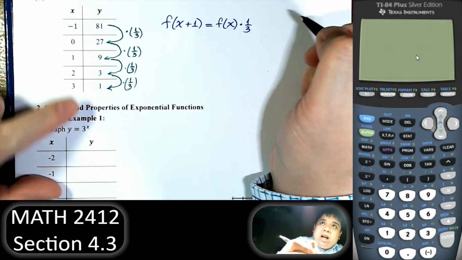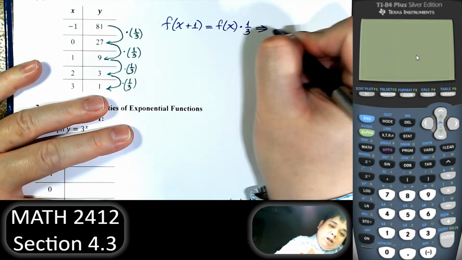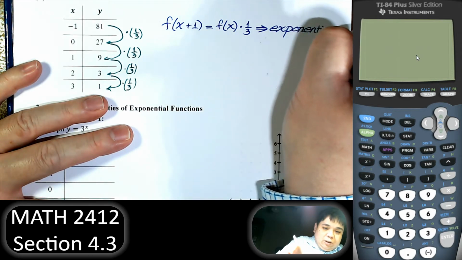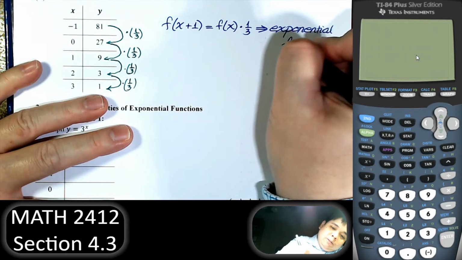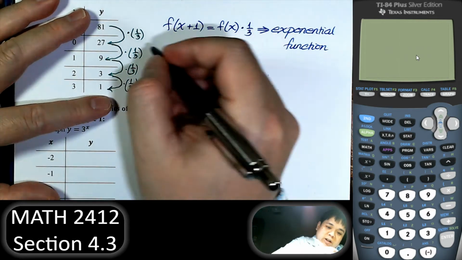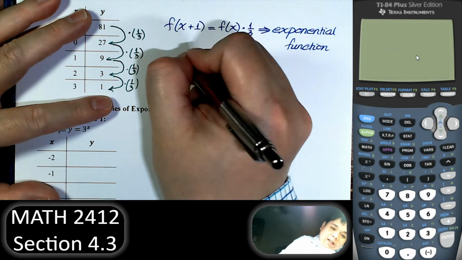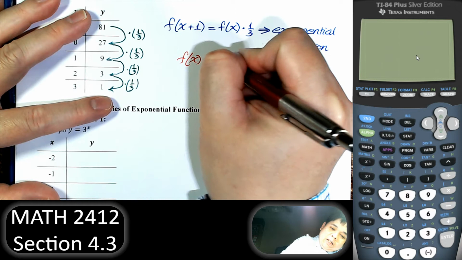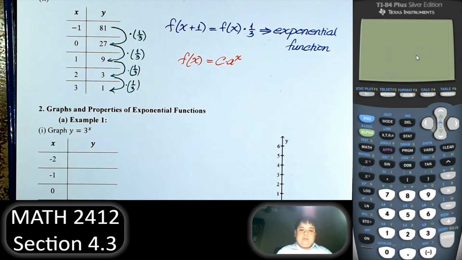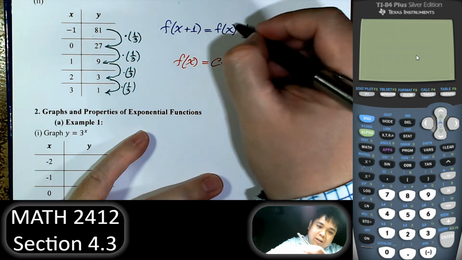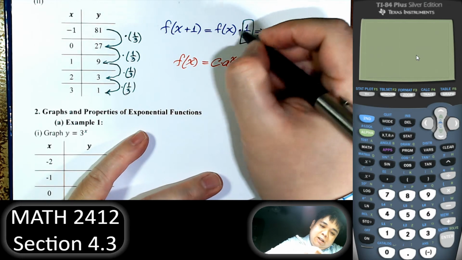Because there's a constant ratio like that, this is an exponential function. So the exponential function is going to be f of x equal to c times a to the x power. And a is easy to determine. That gives us a.